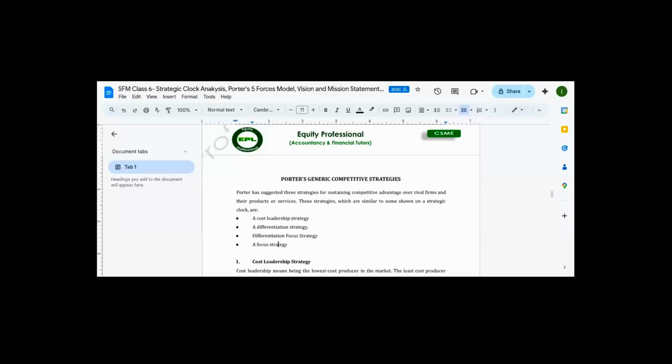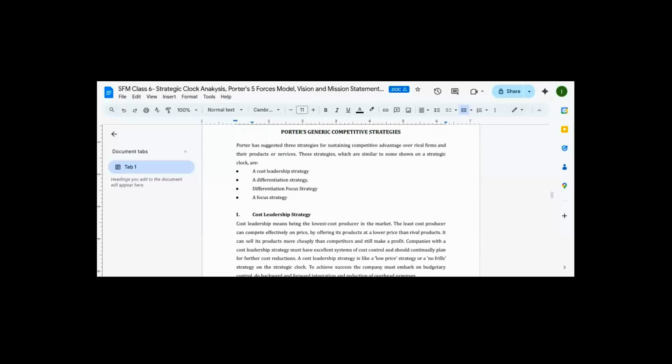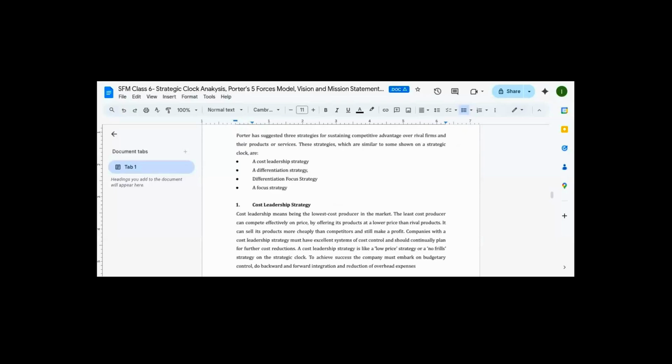I will take that again. The generic competitive strategy of Michael Porter comprises of one, cost leadership strategy, two, differentiation strategy, three, differentiation focus strategy, and four, focus strategy.